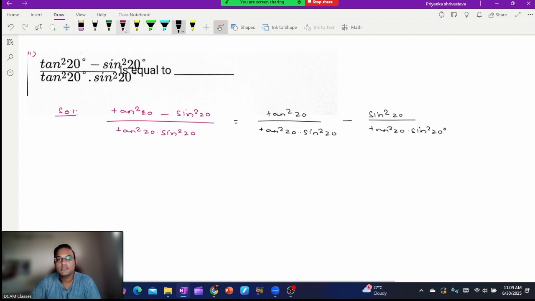Now see, these are going to be cancelled. So it will become cosecant square 20 minus cot square 20. And we already know cosecant square theta minus cot square theta is equal to 1. So the answer should be 1. It's very easy. Very easy.